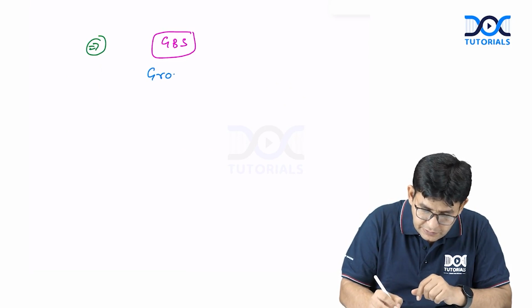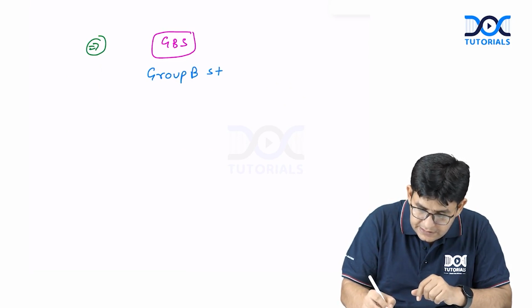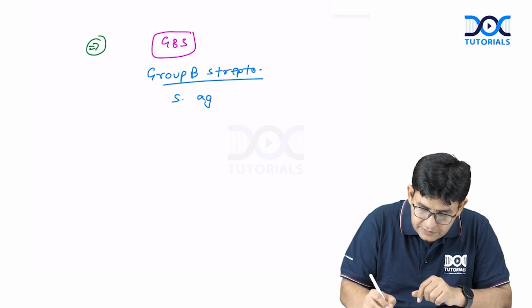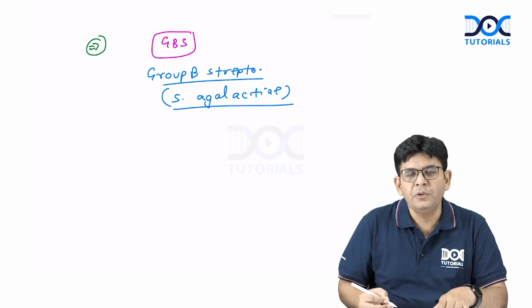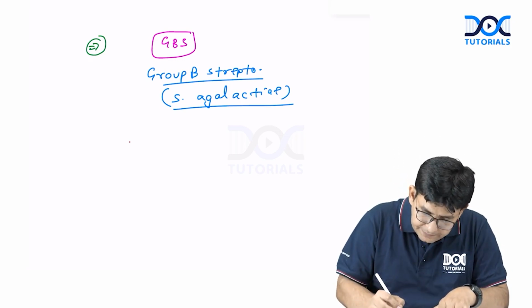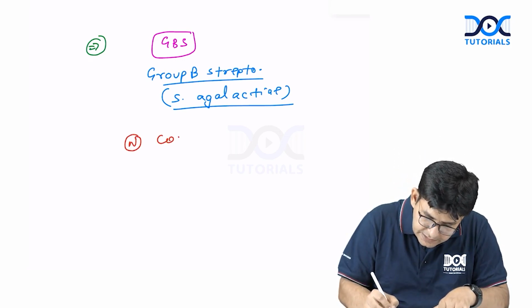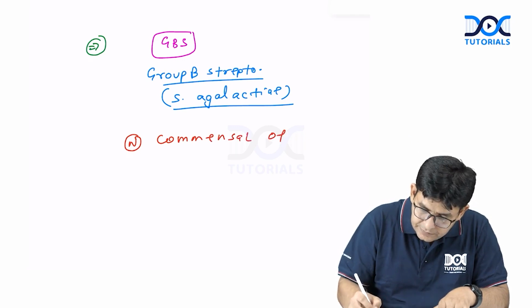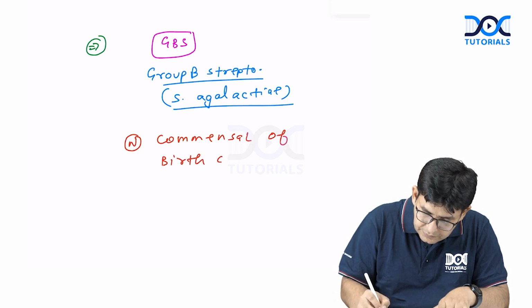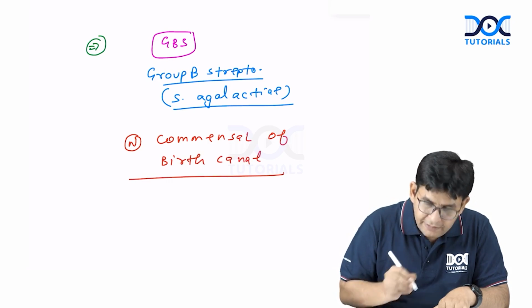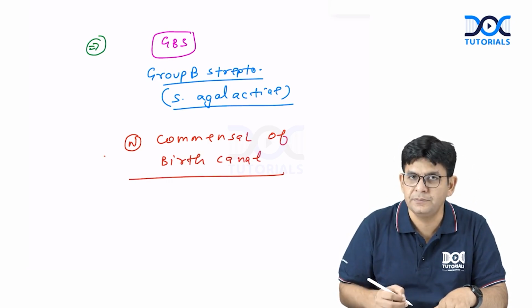You know GBS stands for what, guys? Group B Strepto, and the other name is Streptococcus agalactiae. First of all, what you need to know regarding this bacteria is that it's a normal commensal of the birth canal, not in every female, but in some.